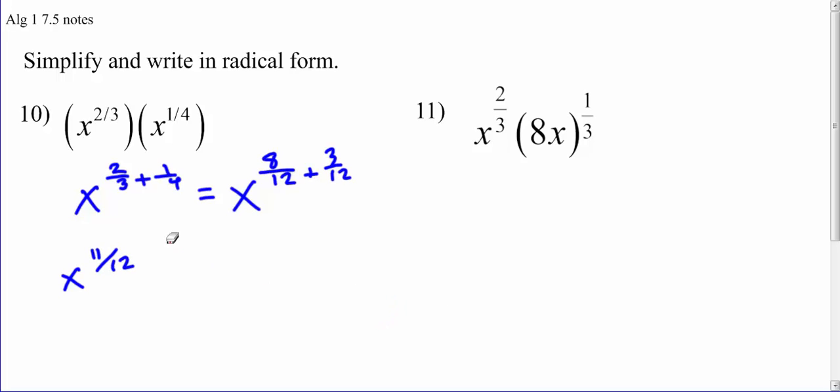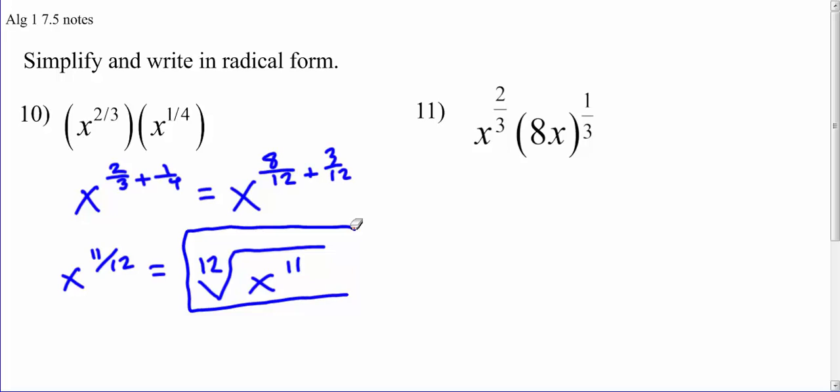That's great. That's where we would have stopped before, but this says to write in radical form. So we're going to go ahead and do that. I'm going to have a 12th root, that's lovely, of x to the 11th. There's my simplified version in radical form.